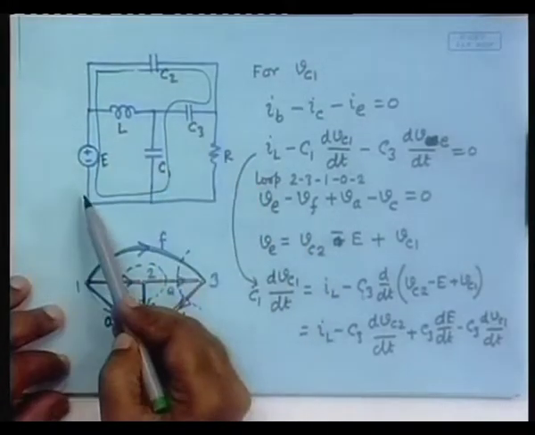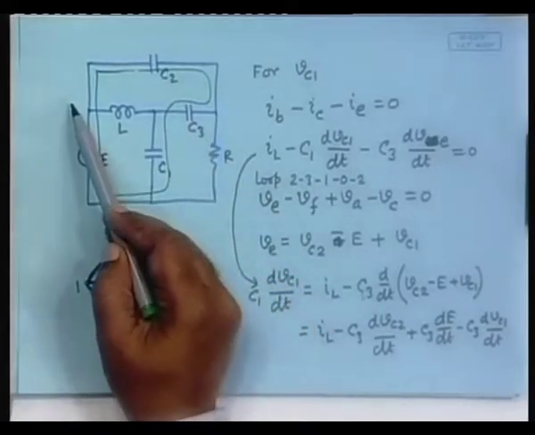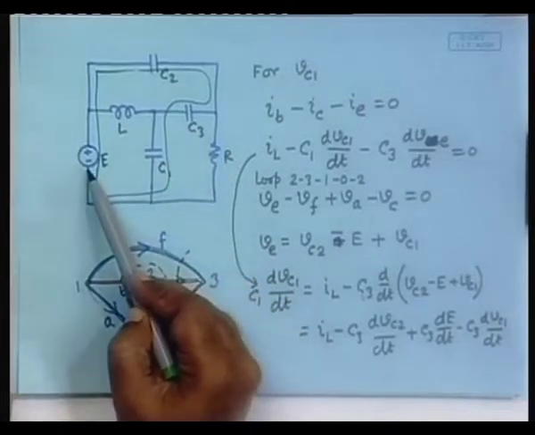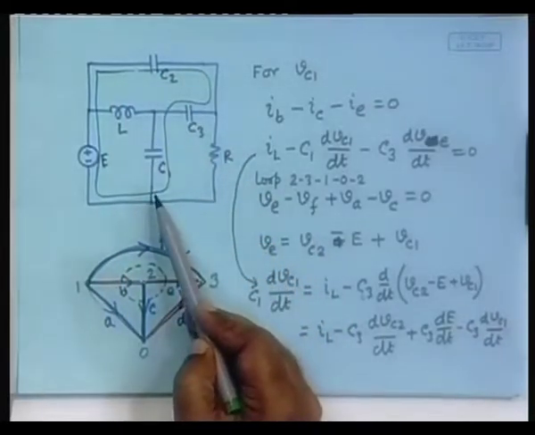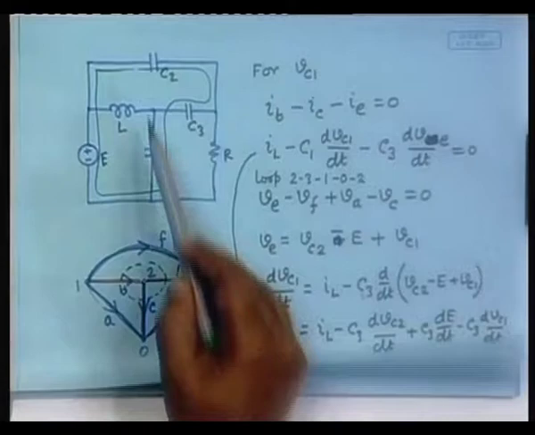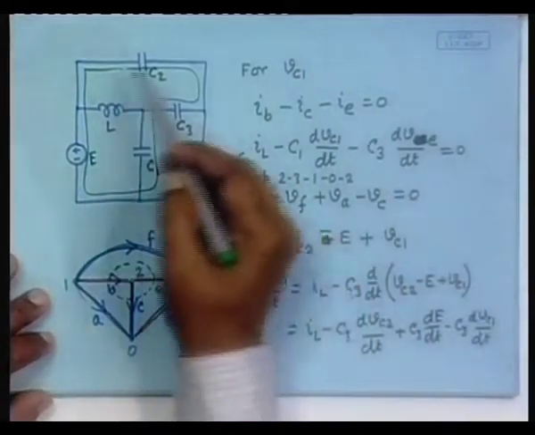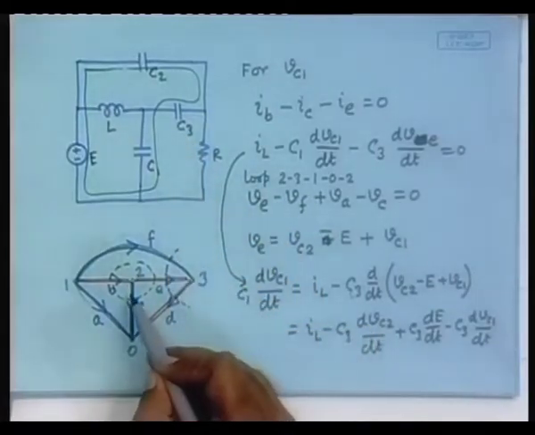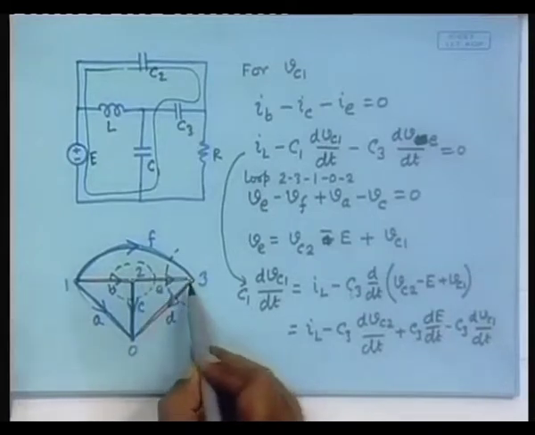When that happens, the KVL over this loop tells you that all the capacitance voltages added together must be equal to this voltage which is externally applied, and therefore, all the capacitance voltages cannot be independent, at least one will be dependent. So, which one, let us not argue about it because any one could be.